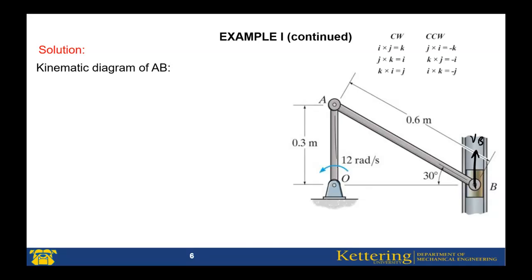Now, for this problem, you will see that when this one rotates, causing this one to go upward, this is the velocity of B. Also, when this crank rotates at this instant, A can move along this curved path or this arc. If this is the X and Y direction, what is the direction of the velocity at point A?